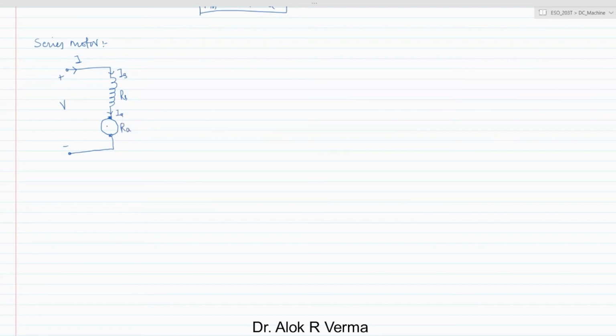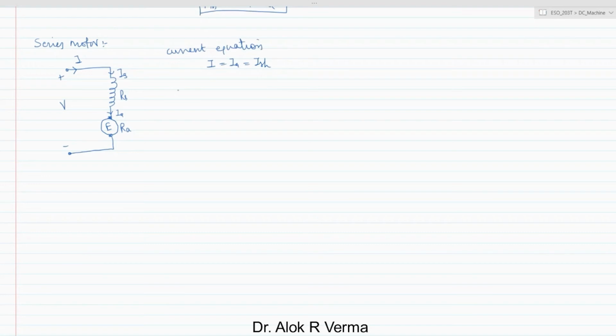Armature resistance is RA and the back EMF generated is E. Now if you apply the current equation, then I is nothing but IA, or I as such. All currents are the same because it is in series.